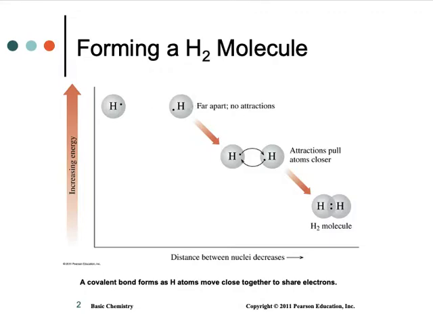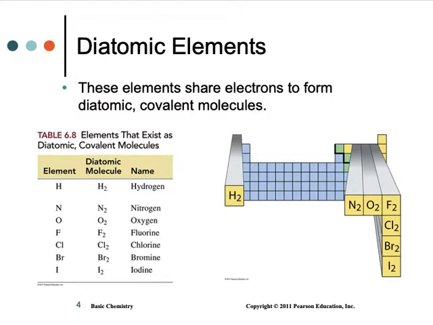There are 7 of these diatomic molecules that are so reactive that they react with themselves. They don't just react with lots of other elements, but they react with themselves. Hydrogen being one, nitrogen and oxygen gas, fluorine and chlorine gases. Also in group 7 is bromine, which is a liquid.